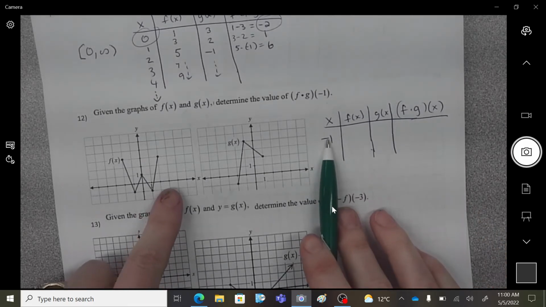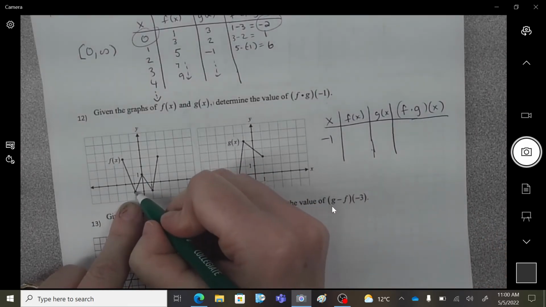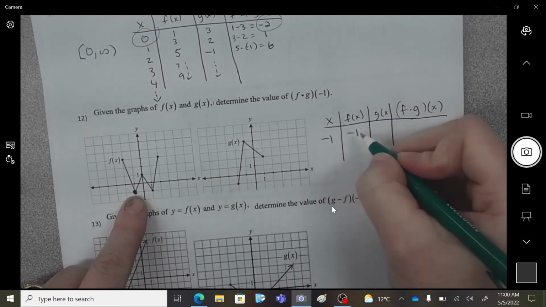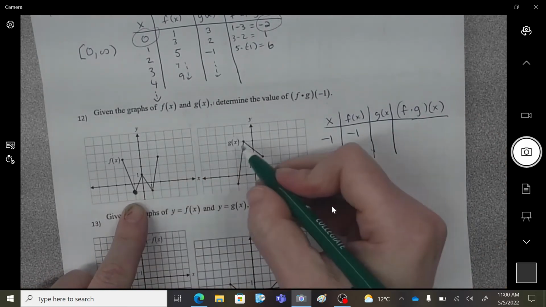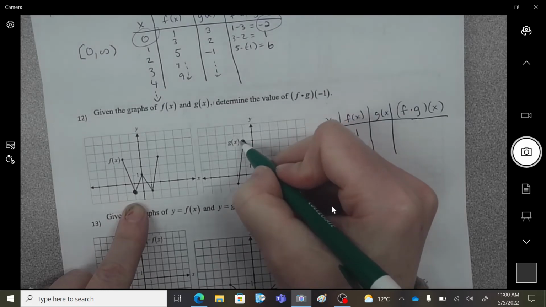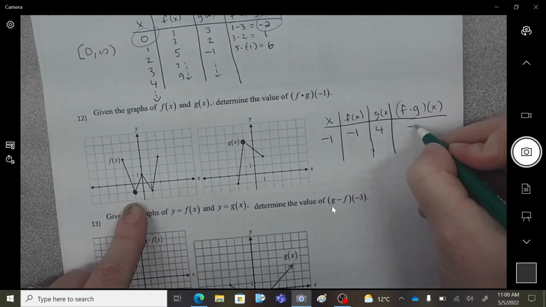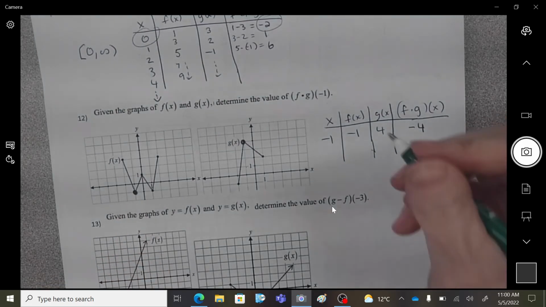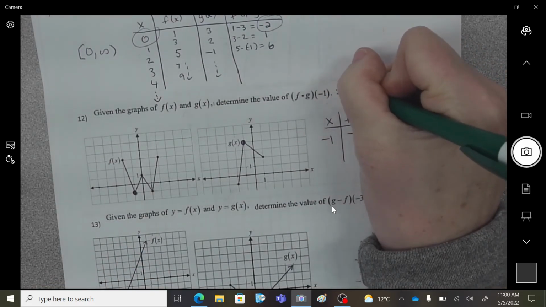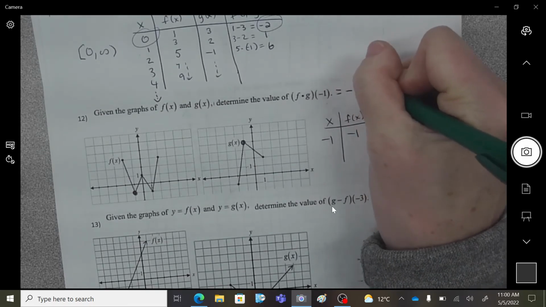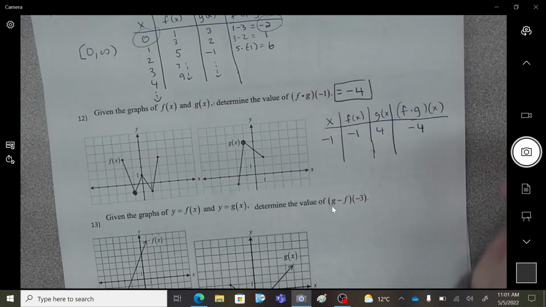So at -1, the f function is at a height of -1. And at -1, we're at a height of 1, 2, 3, 4. So if we multiply, it is -4. So that is the answer. That's the value.